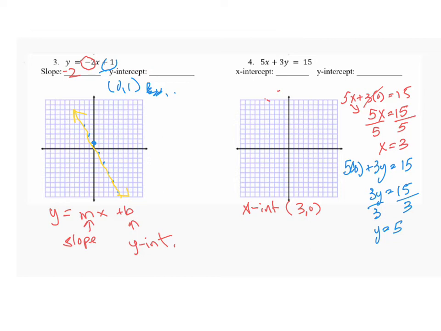So the y-intercept is 0, 5. And so our line is going to look like this.